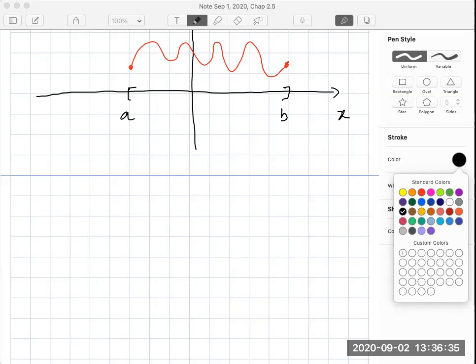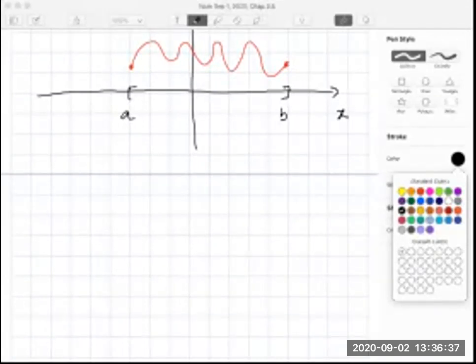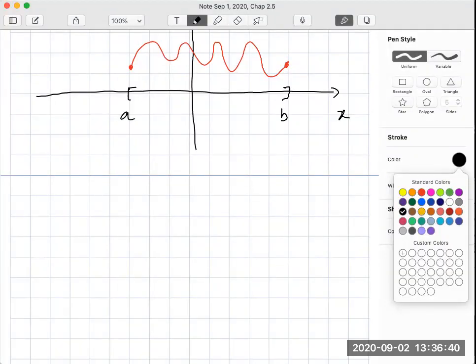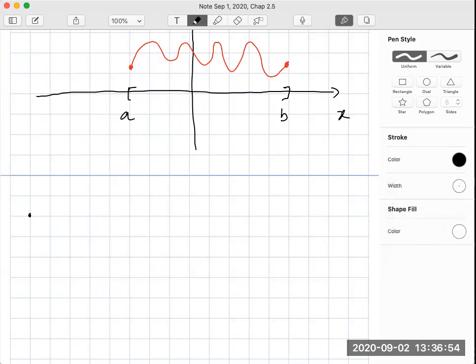Okay, let us continue here. So we can write it exactly as for any point C in the interval, we can say that the limit of f of x when x approaches C will be f of C, if C is in the interval.